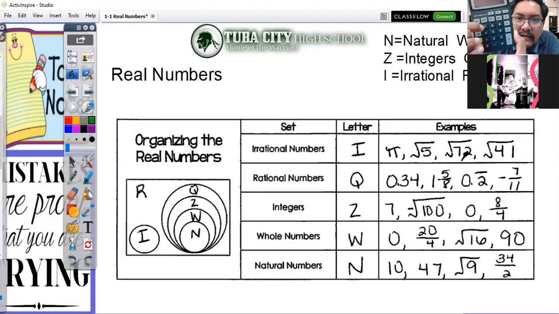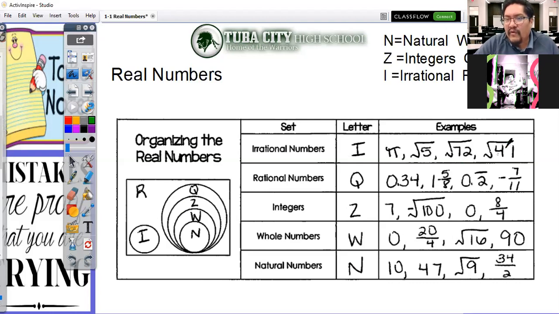So if I take 72 and I take the square root of 72, I push the square root button. We get 8.482, or was that 52813. So that is an irrational number because it does not repeat or terminate.